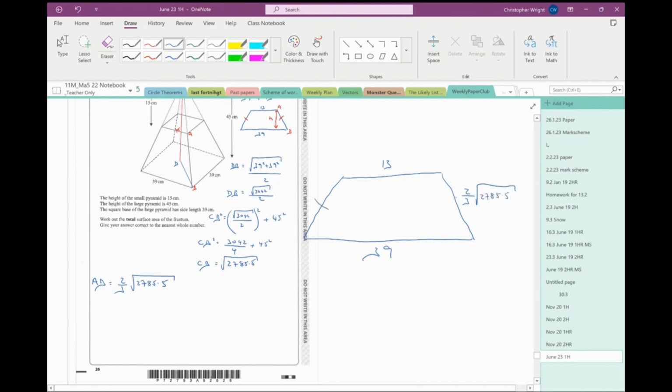Right, I know it's an isosceles trapezium, so that means that I can now find this height, because I know that this length here is going to be 39 minus 13 divided by 2, which is 13, which enables me now to find the height of the trapezium by using Pythagoras. I've got the hypotenuse here, the height, and 13.